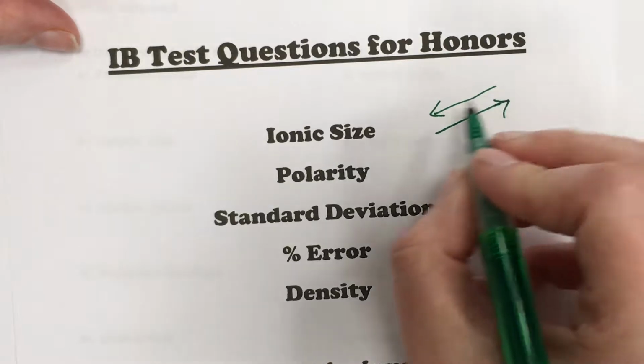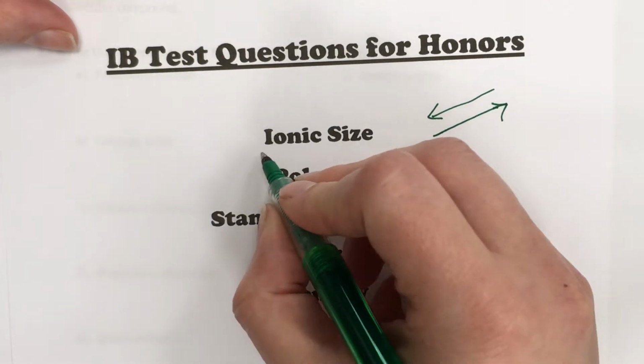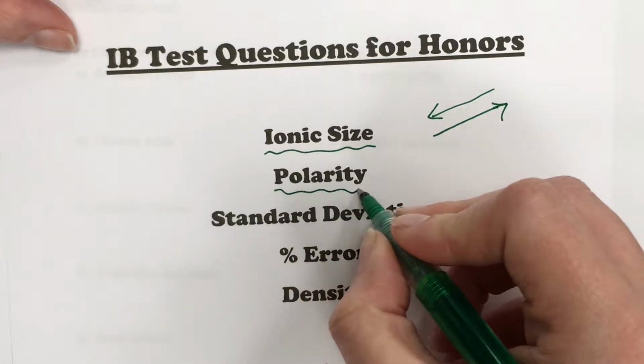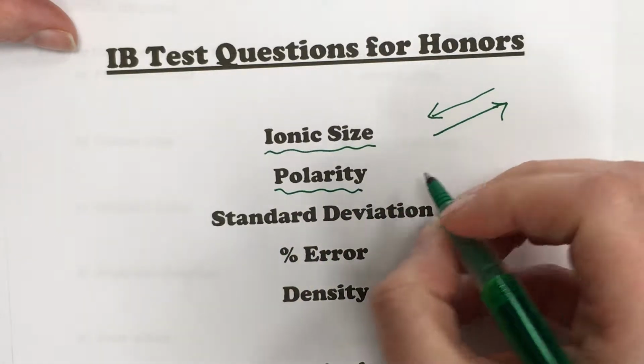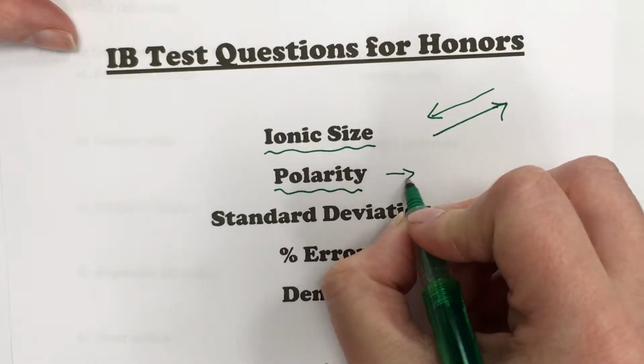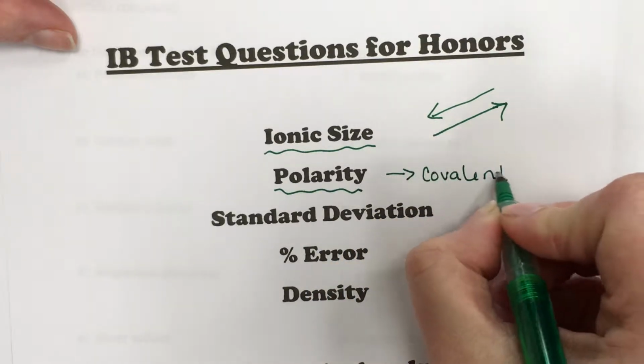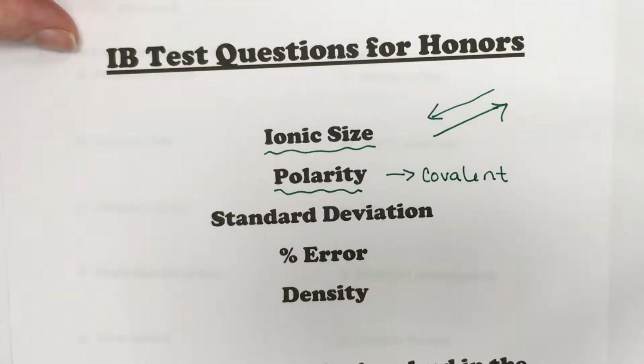Ionization energy, sorry. So this is just a periodic table trend. It should be in your notes under the periodic table notes. Polarity was last unit that we learned. So the polarity goes along with covalent bonding molecules. It is in one of those PowerPoints if you need to review it.